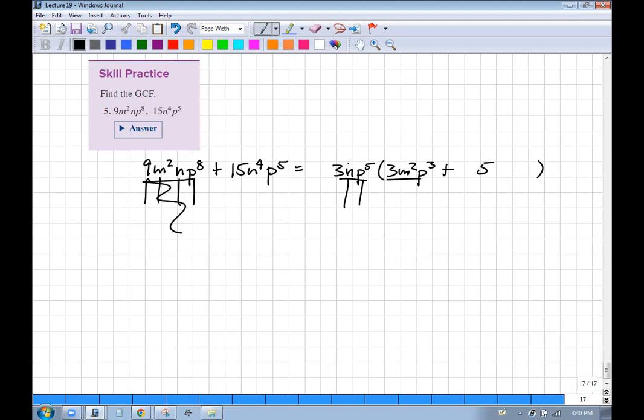Now what about this one here? The 3 times the 5 gives me the 15. I need n to the 4th, but I only have n. So I need 3 more. And now p's. I need p to the 5th. Well, I have p to the 5th. So that's it. 15, n to the 4th, p to the 5th.